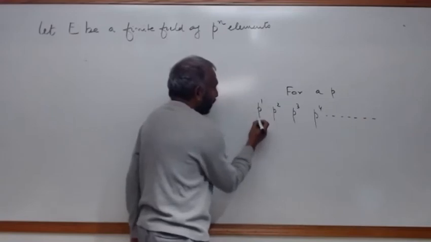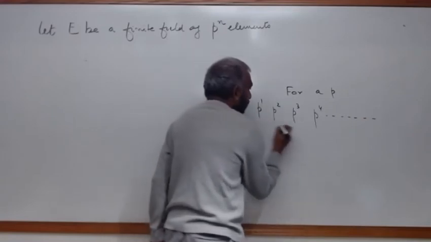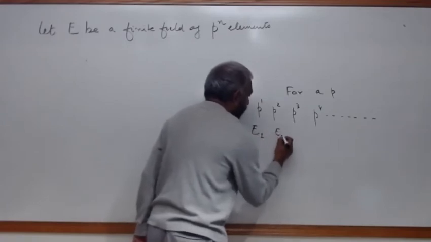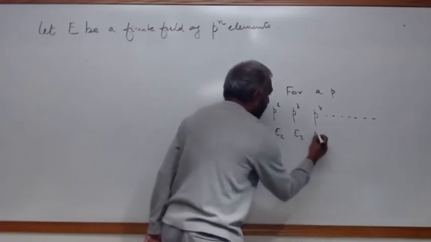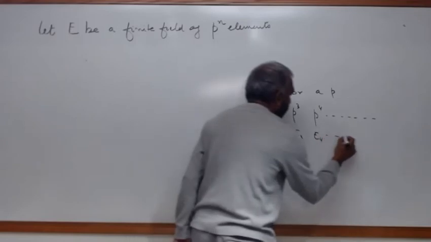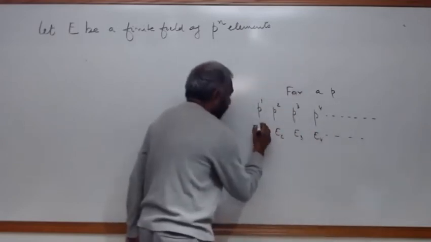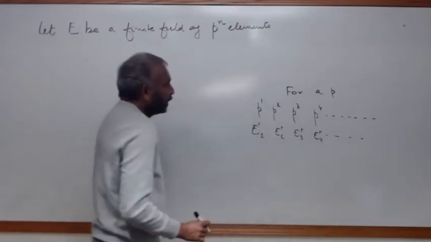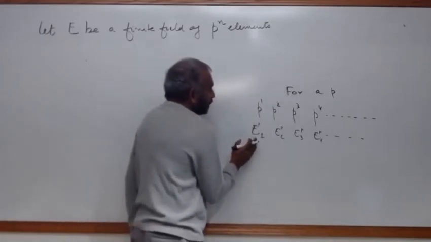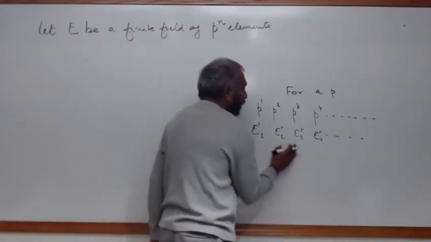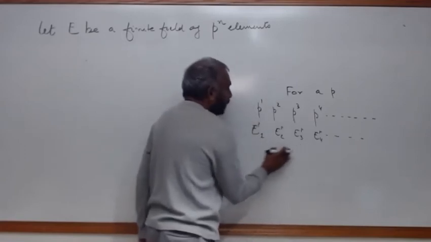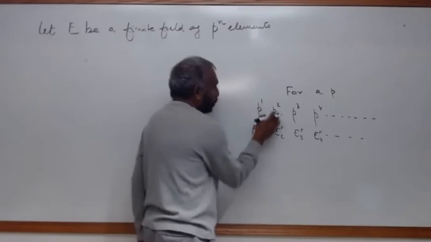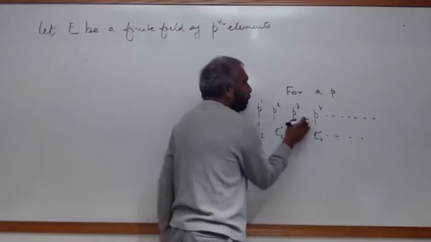Let us call these fields E1, E2, E3, E4, etc. These are all finite fields of p, p square, p cube, p to the 4 elements.